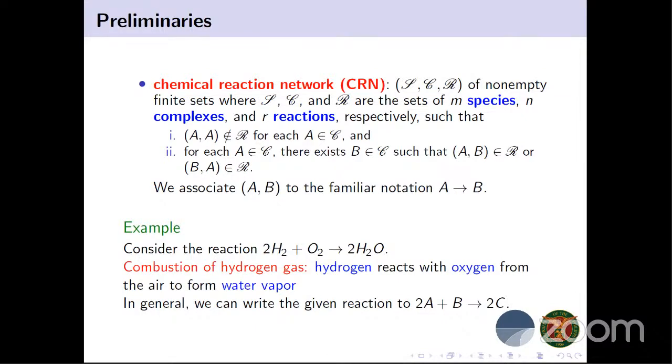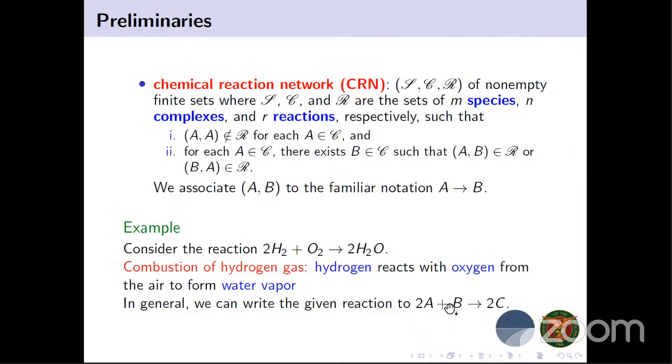And then also, before I go with this condition, let me introduce this familiar notation. In this notation, 2A plus B going to 2C, this 2A plus B is the reactant, and 2C is the product.